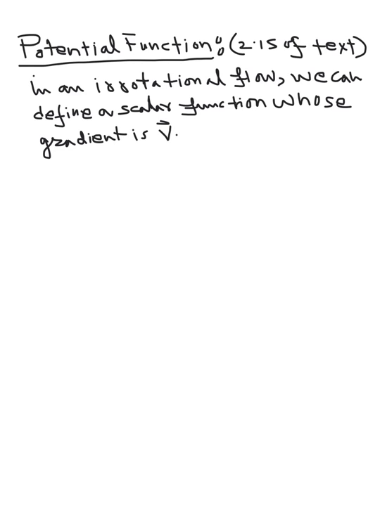For an irrotational flow, we can define a scalar function whose gradient is V. That scalar function is indicated by this symbol phi, and mathematically we can define this as: the gradient of that scalar function, the potential function, will provide the velocity vector.